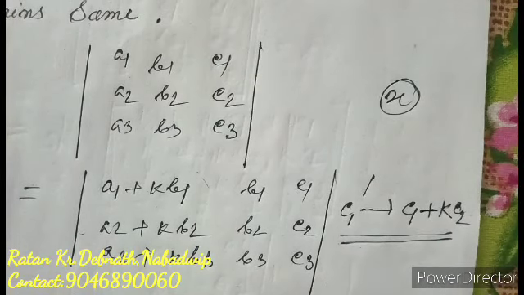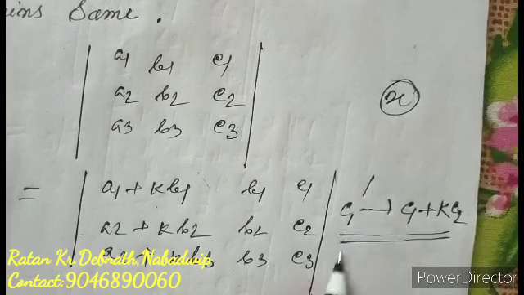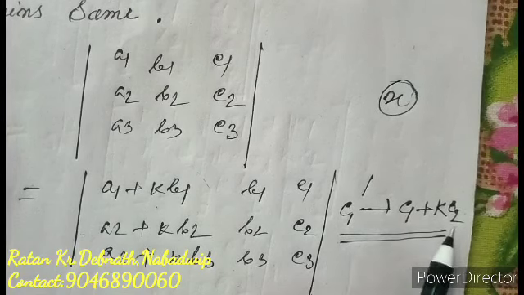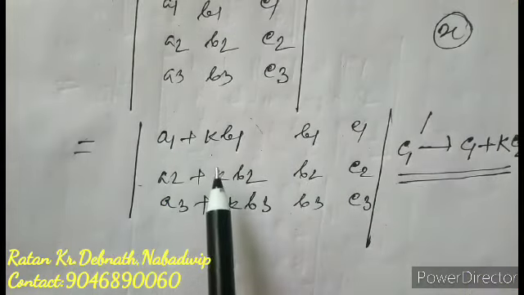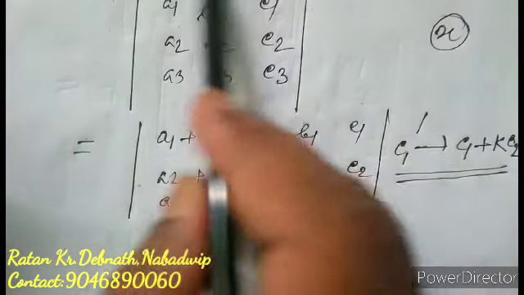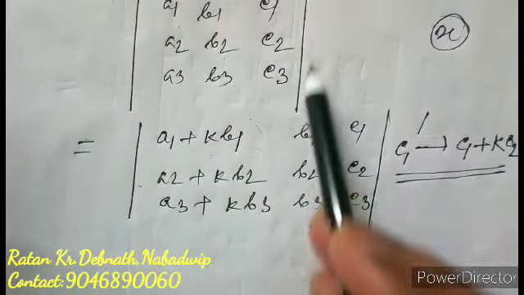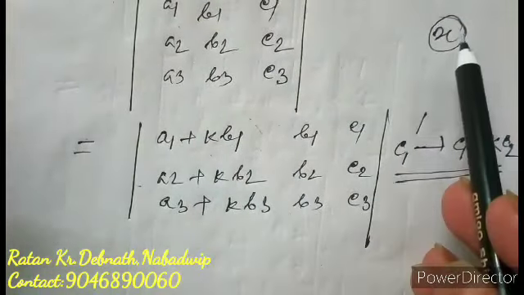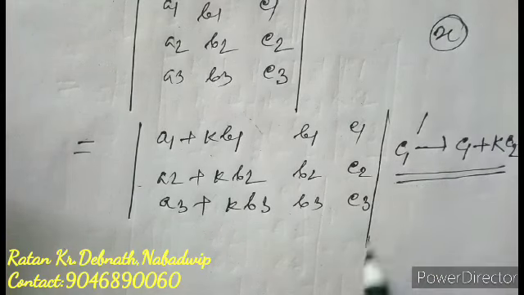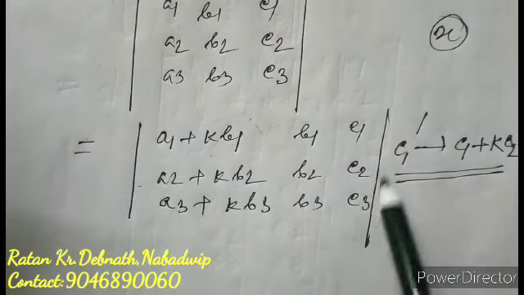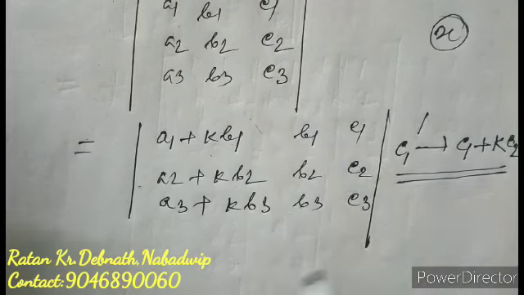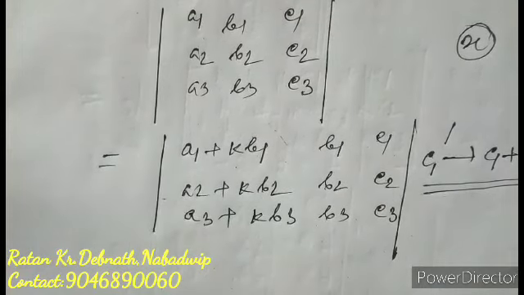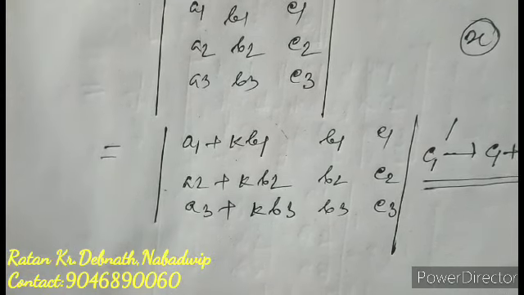So we write this operation like this: C1 prime, C1 plus k into C2. I said if you expand this determinant and its numeric value is x, and if you expand this determinant you will also get x.